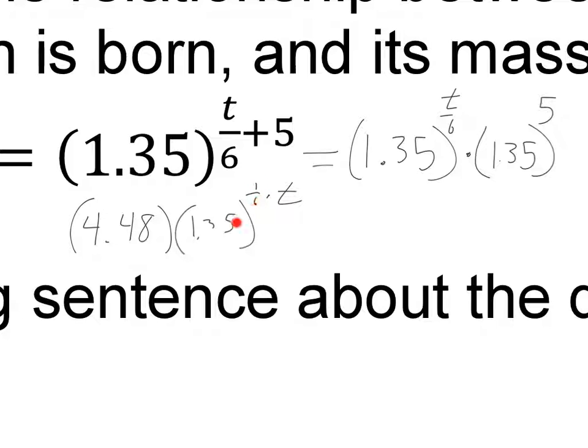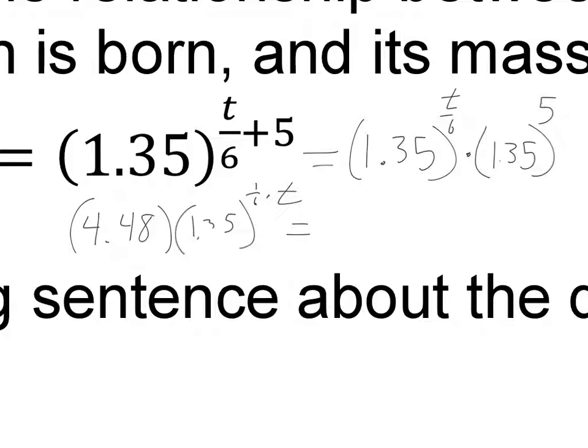That's a 1 over 6 there if you can't tell. So 4.48 times 1.35 to the 1/6 times t, right? Because that's exactly what t over 6 is. It's 1/6 times t. Well, if I'm multiplying these exponents, that means that I could actually write it like this.